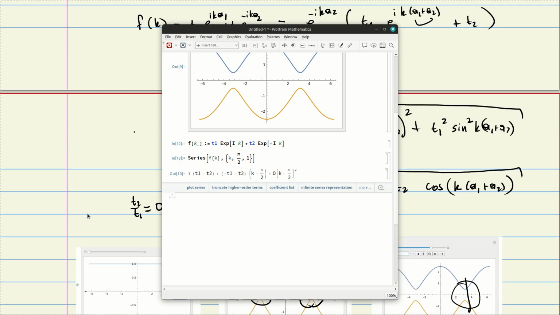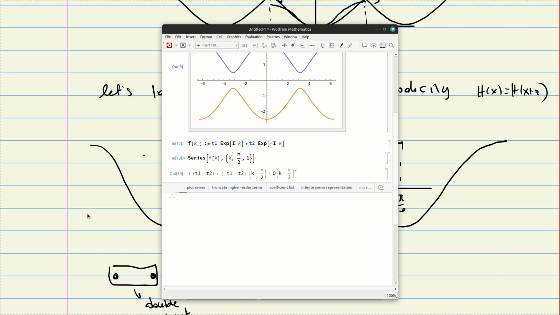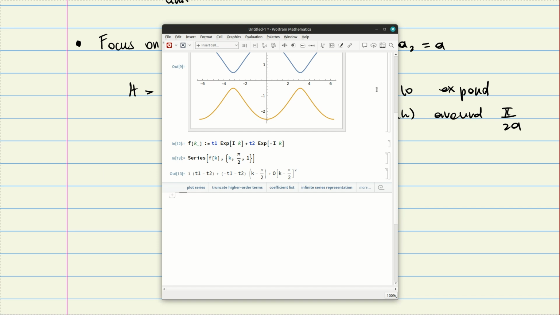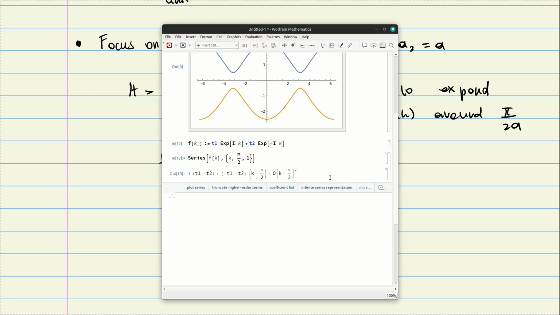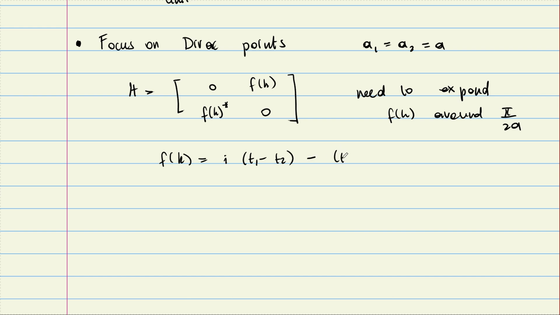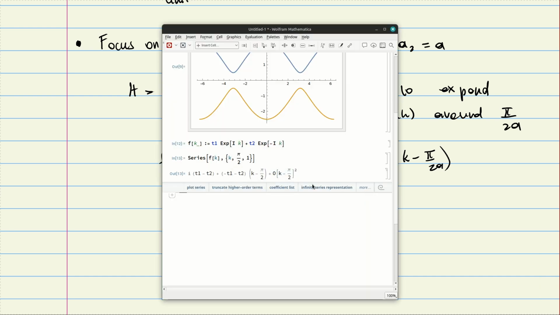So then, let's write this. F of k is equal to i T1 minus T2 minus T1 plus T2 times k minus pi over 2a. I think that's correct, with i and plus and minus.